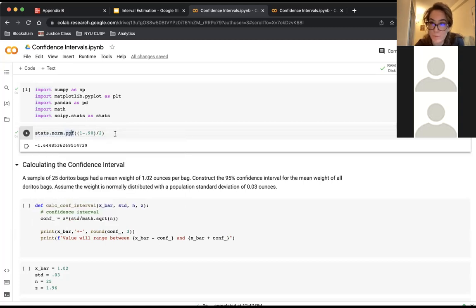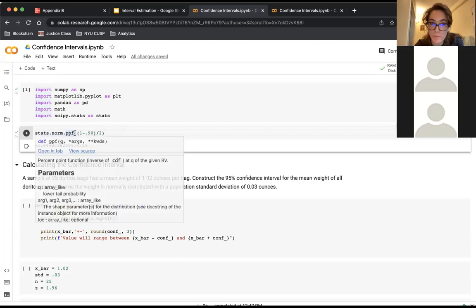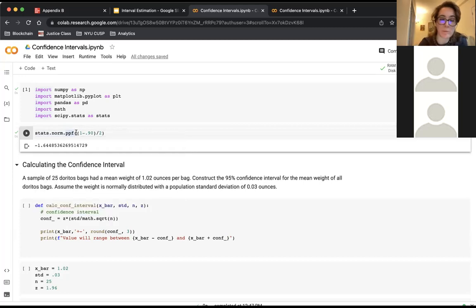And usually when you use the PPF, you're doing 1 minus whatever you're wanting to be outside of, I guess, right?